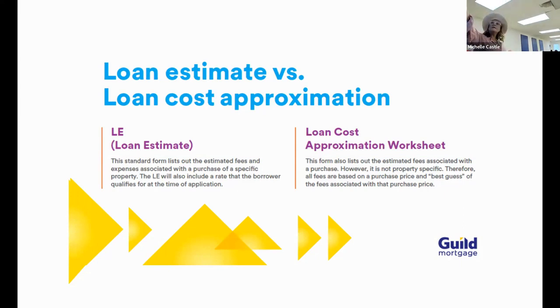The problem is a lender from Timbuktu can put together an LCA with all kinds of information on it that they're not familiar with in our area. And so you can't guarantee that the information being disclosed is accurate, because there's nothing legally that binds them to those fees. It's just a best guess. On an LE, we can't best guess anymore.